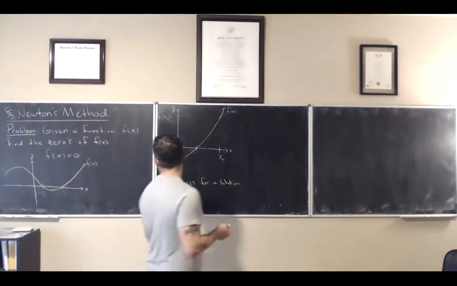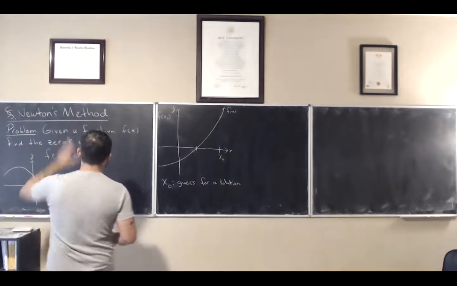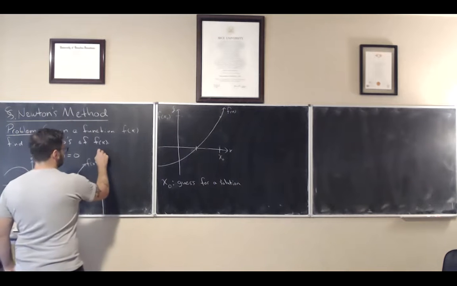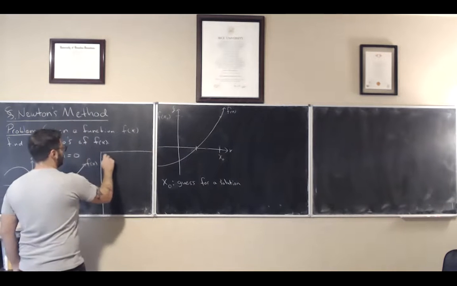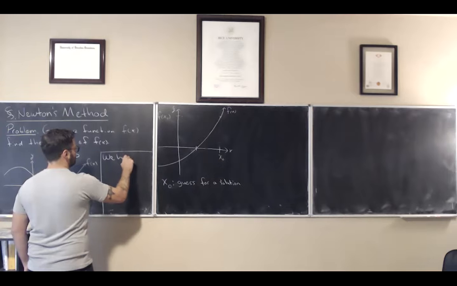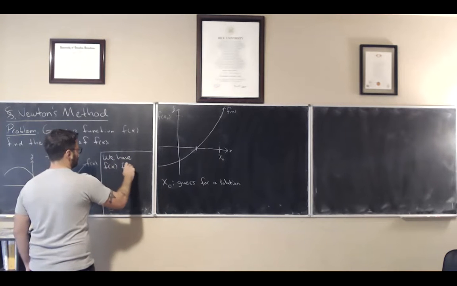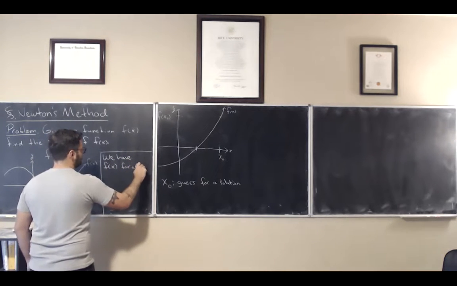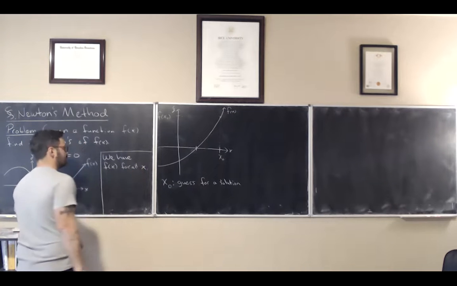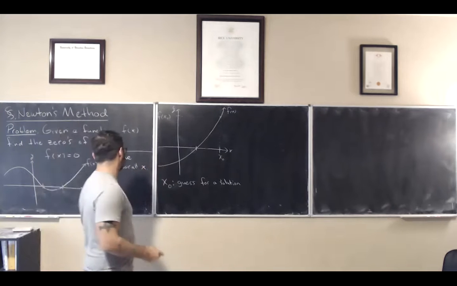And what do we have access to when designing this method? So we have f of x for all x. Right, so for any x that we guess, we can plug into the function.